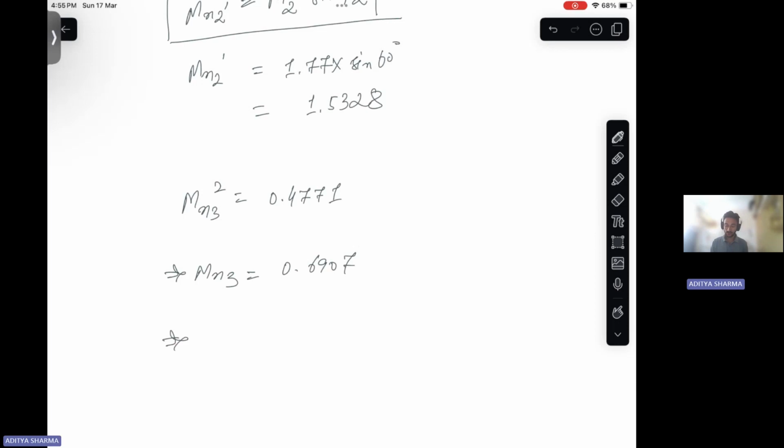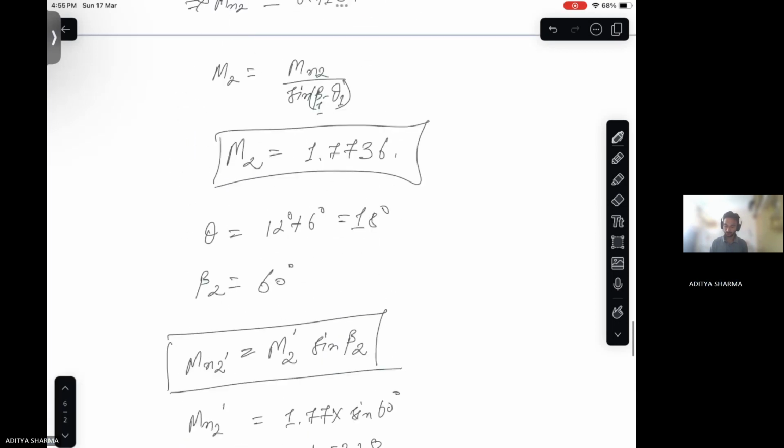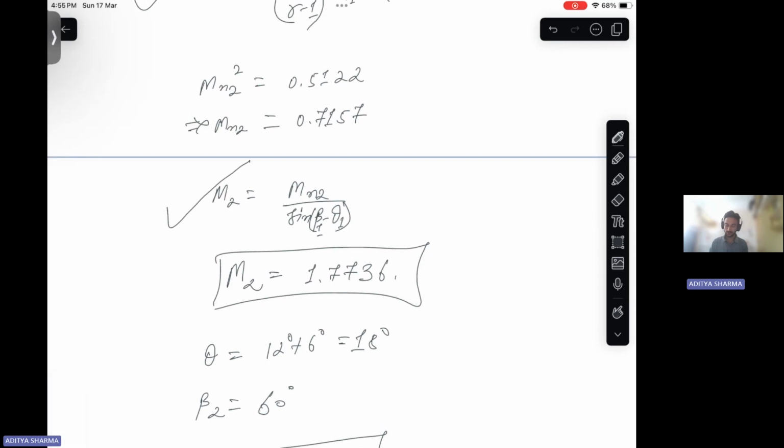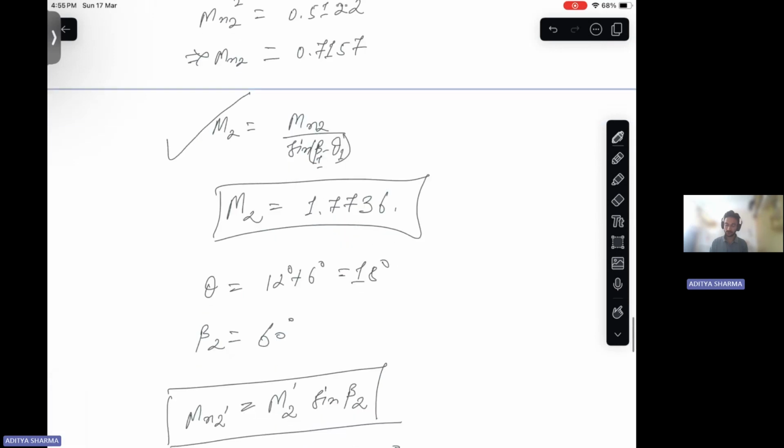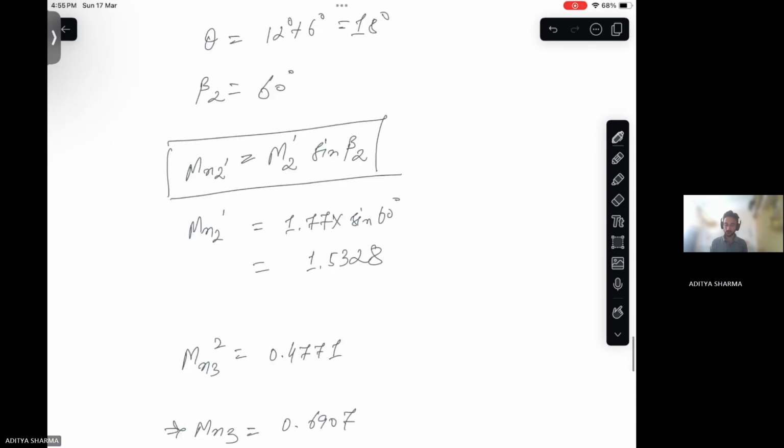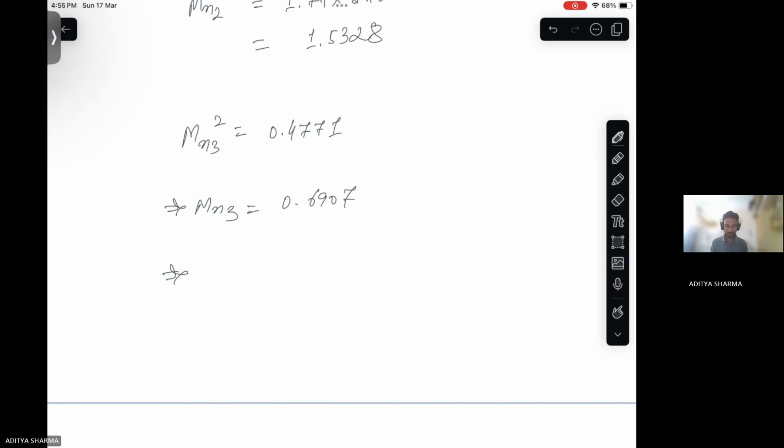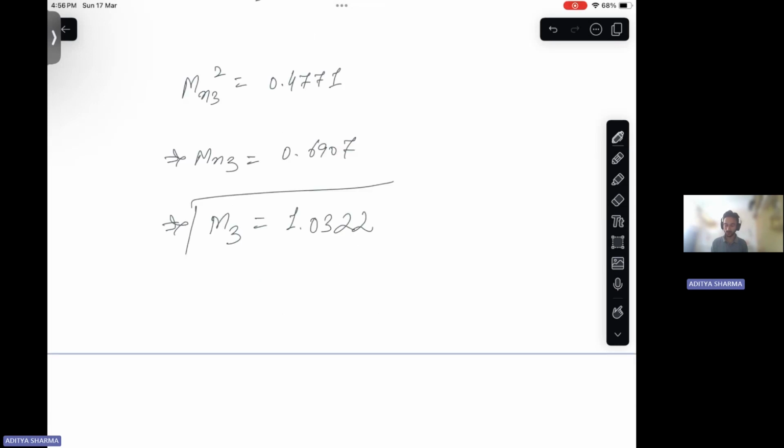And then again we will use this formula, M2 equals Mn2 by sine beta 1 minus theta 1, but here 2 will change to 3, and beta 1 and theta 1 will be replaced by beta 2 and theta 2. Here M3 will come out as 1.0322 if we work this out, or 0.0322.